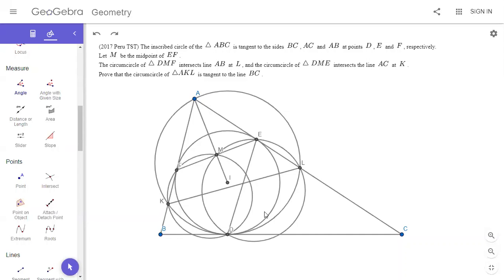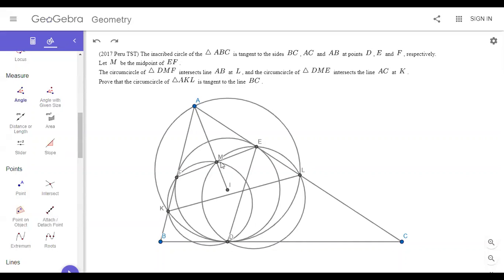Interesting. So DM is like a symmedian, right? It's a symmedian in the triangle DEF. I feel like there has to be a nice proof that angle DME is equal to angle ADC. I'm surprised I don't see right away why that's true, because it just feels like it has to be.